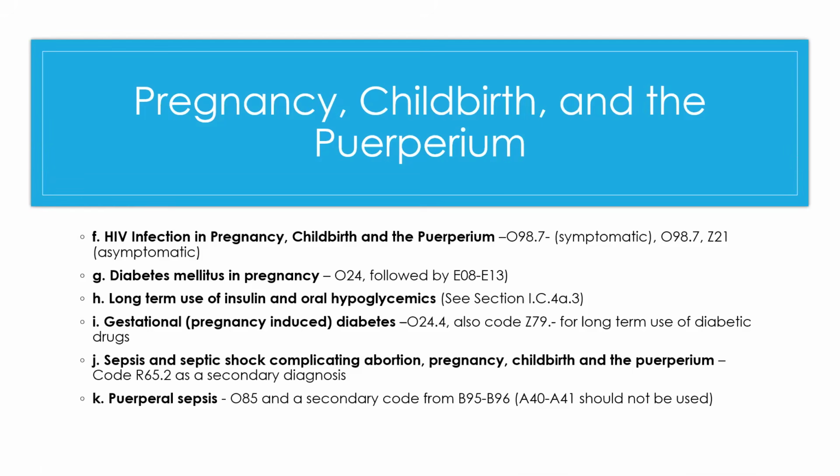A code from category A40 for streptococcal sepsis or A41 other sepsis should not be used for puerperal sepsis. If applicable, use additional codes to identify severe sepsis from R65.2 and any associated acute organ dysfunction.